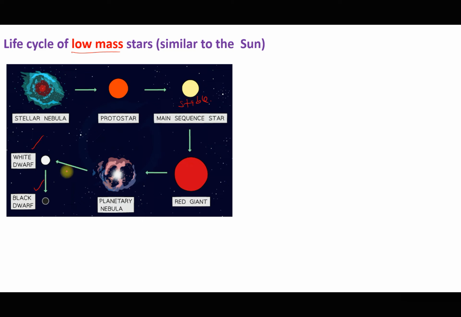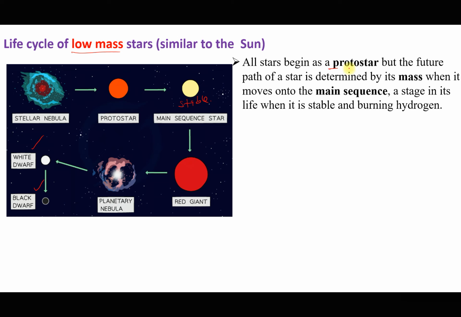So all stars will begin as protostars when the nebula collapses. But like I said, the future path of a star is determined by its mass when it moves on to the main sequence, a stage in its life when it is stable and burning hydrogen.